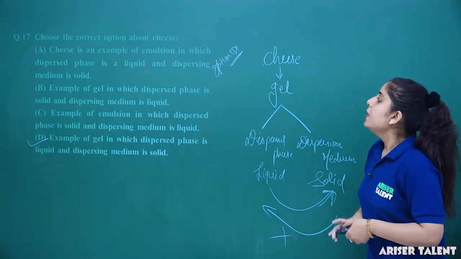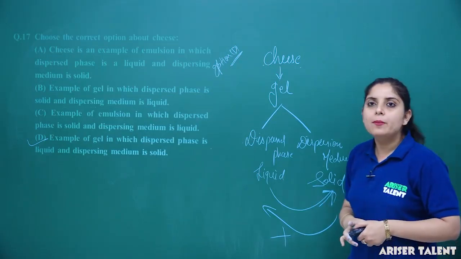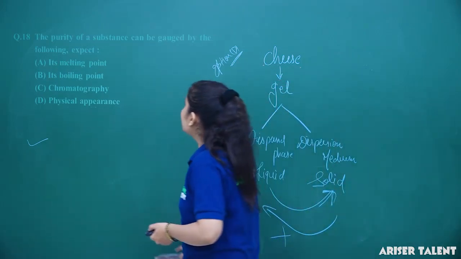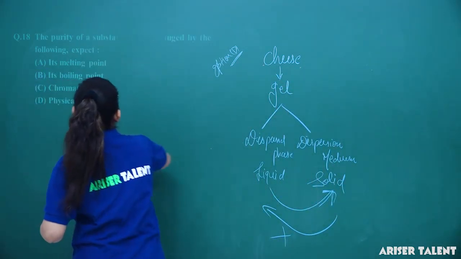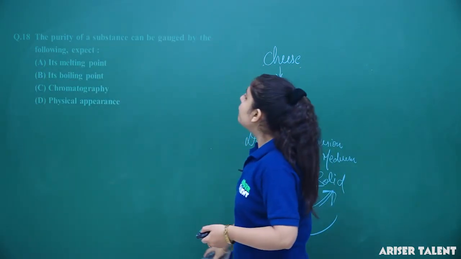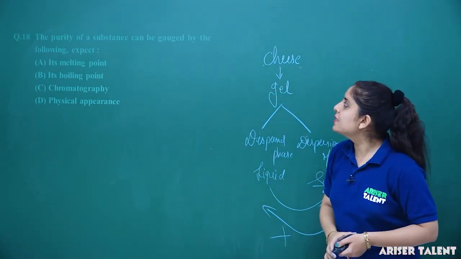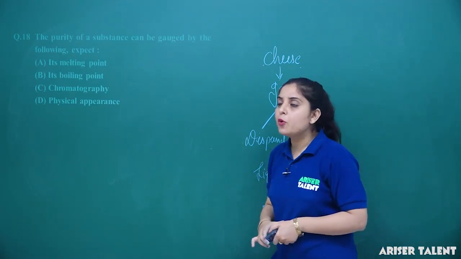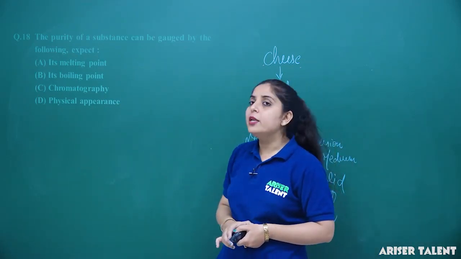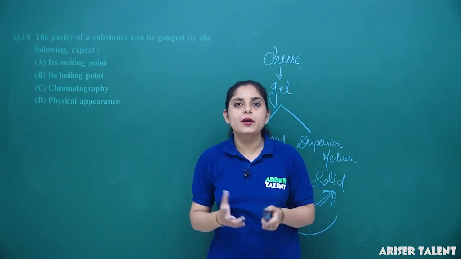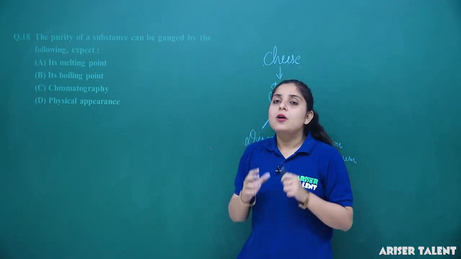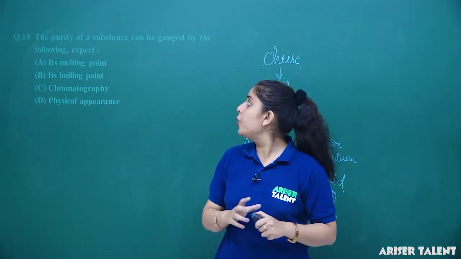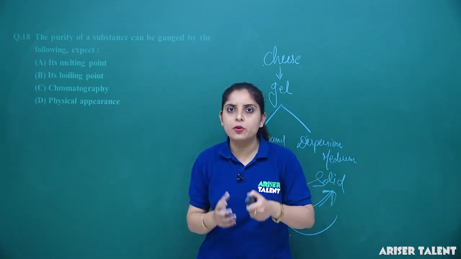Now, let's move forward to question number 18. The purity of a substance can be gauged by the following, except. You need to determine its melting point, you need to determine its boiling point, you can do chromatography, but what could you not use to identify the purity of a substance? You cannot find out the purity of any substance just by looking at it.